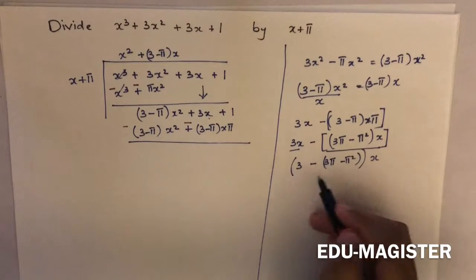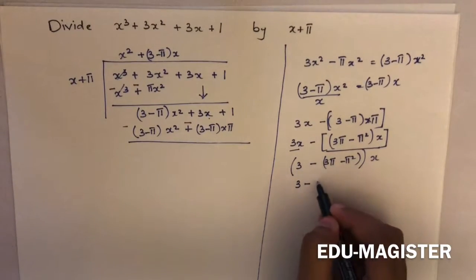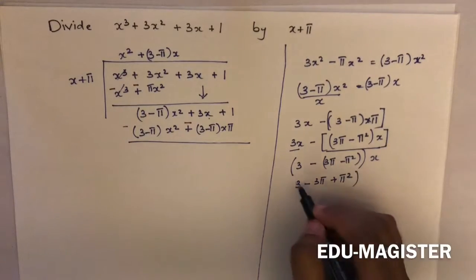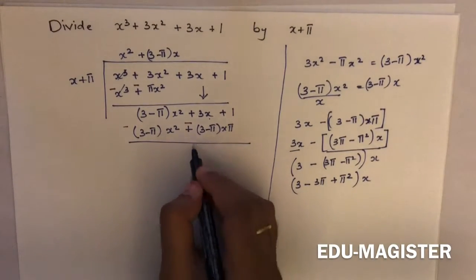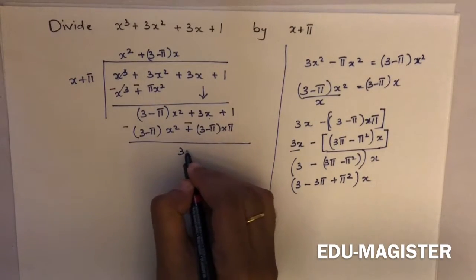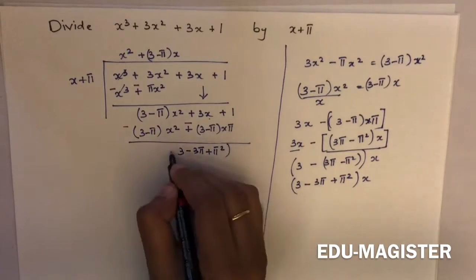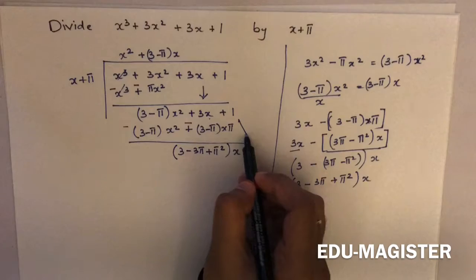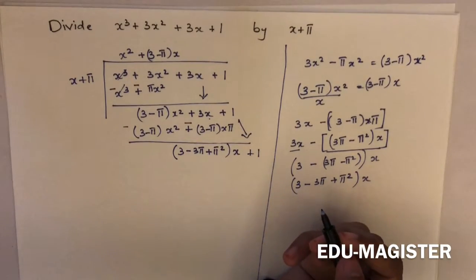Now let's open these brackets. 3 minus 3 pi, minus and minus will be positive, pi square x. So I'll write that here. 3 minus 3 pi plus pi square x. Now we have this 1 here. Let's bring that down. Plus 1.